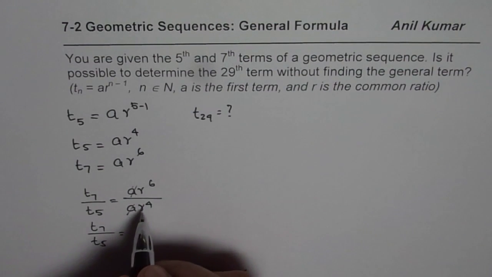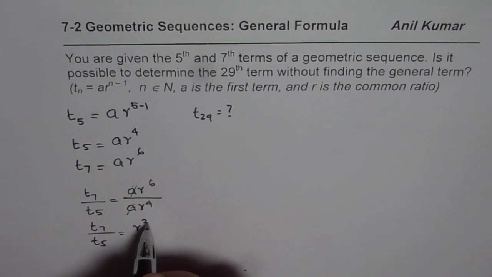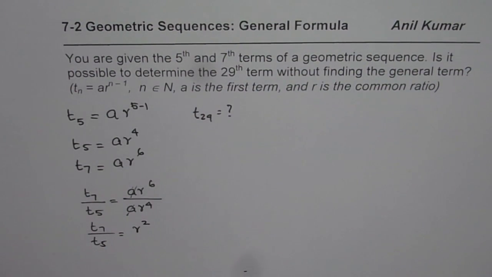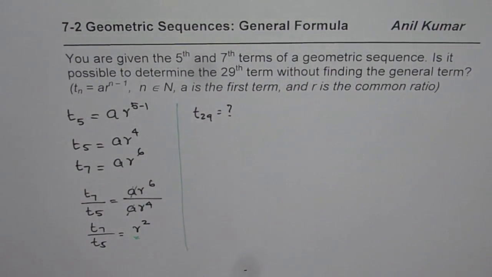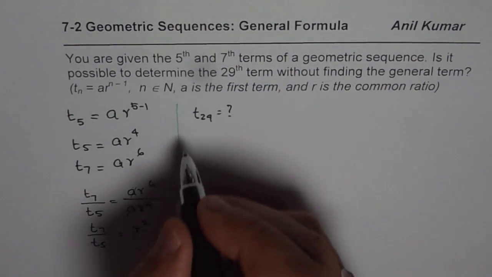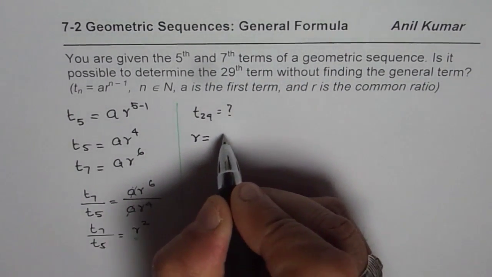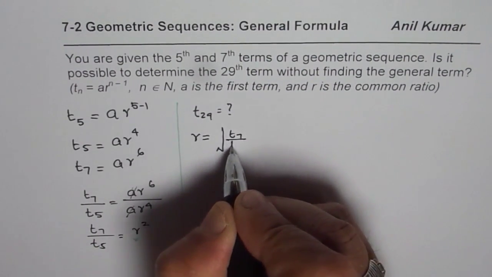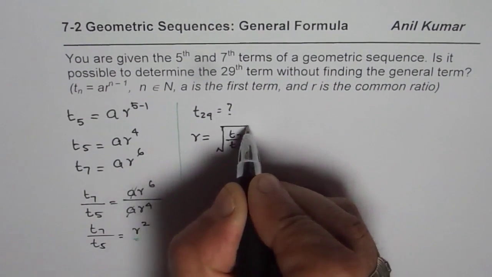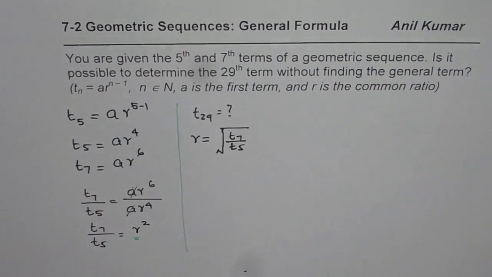Do you see that? We get r squared. So from the given T7 and T5 values, we can actually find r. So r is equal to the square root of T7 over T5. That is the key to understanding the whole issue, right?